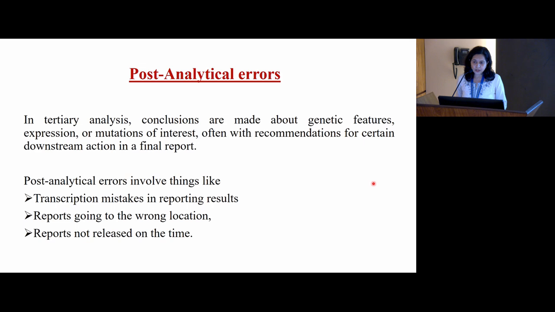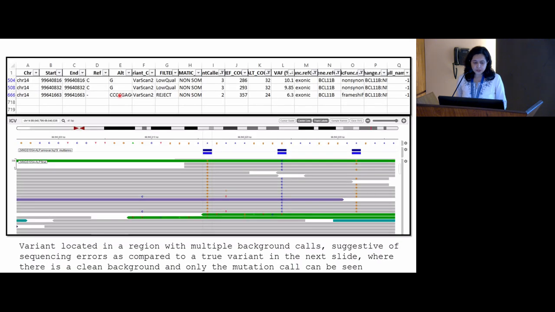Post-analytical error, as I already described, takes place at the post-analytical stage. Here is an example of BCL11B in which the variant's frequency was very low, but more than our requirement of 5% VAF. But here you can see all the filters which we had put, the variant callers have rejected this.